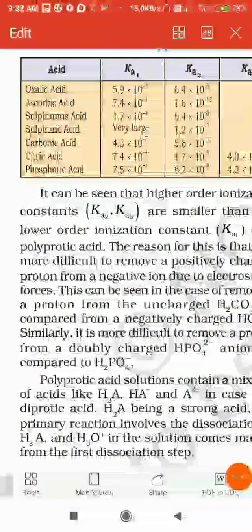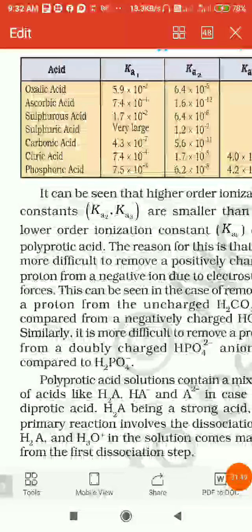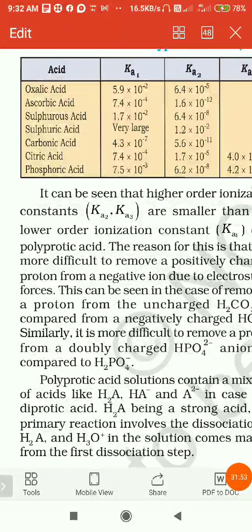why are the equilibrium constant values decreasing? Generally, hydrogen ions bind very strongly towards the central atom, right? So for example, see there, a bucket is there.